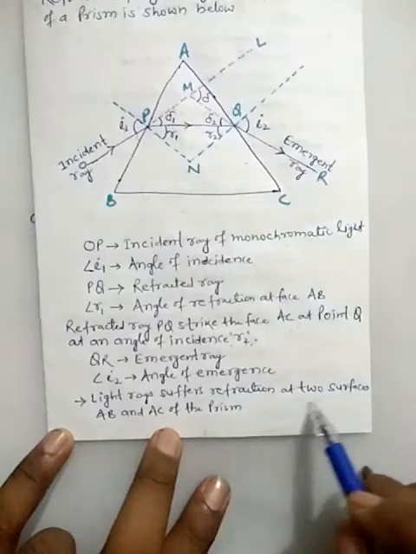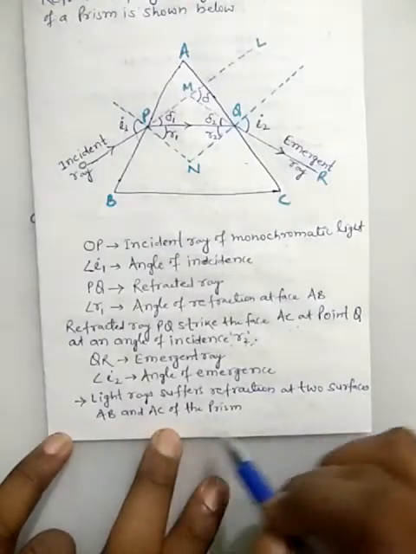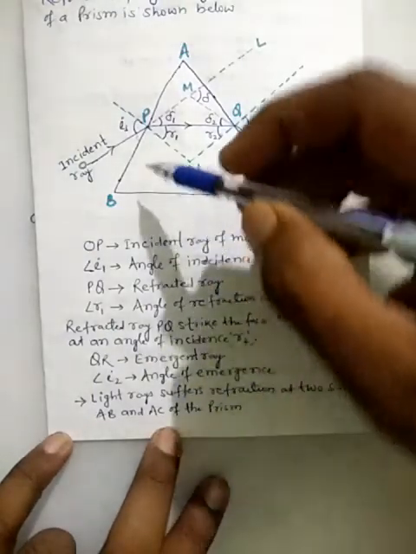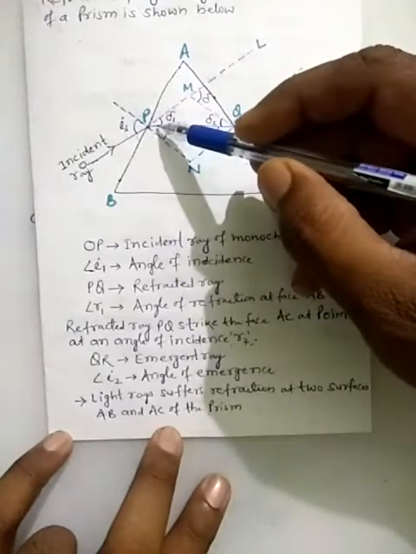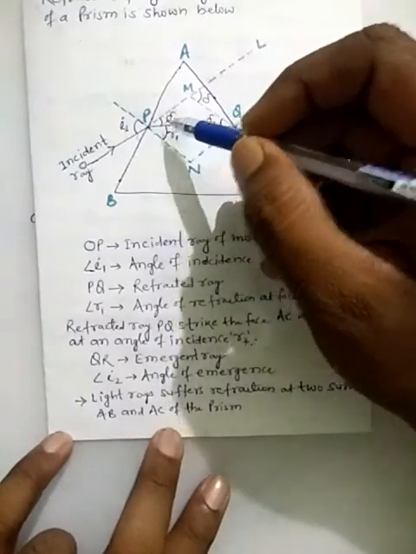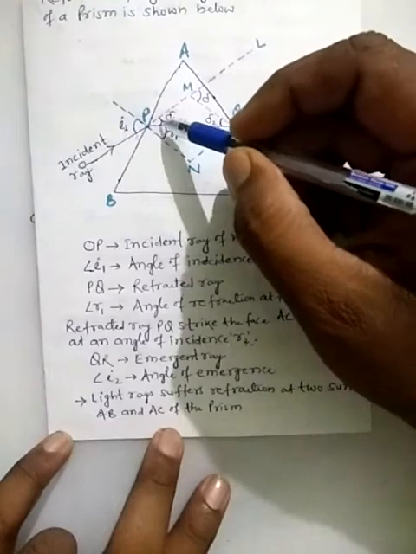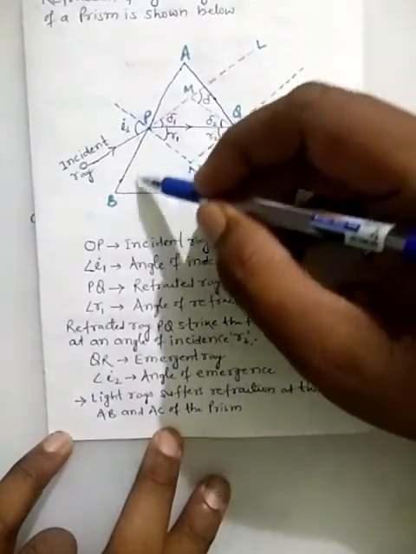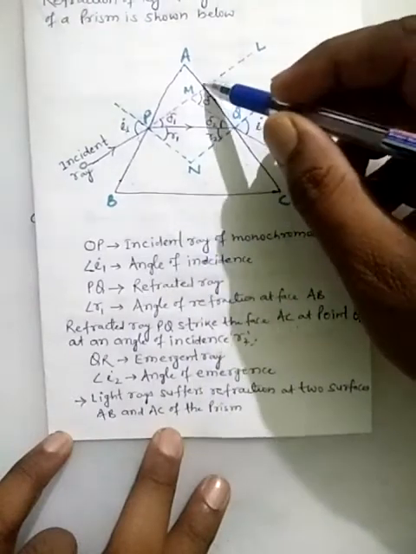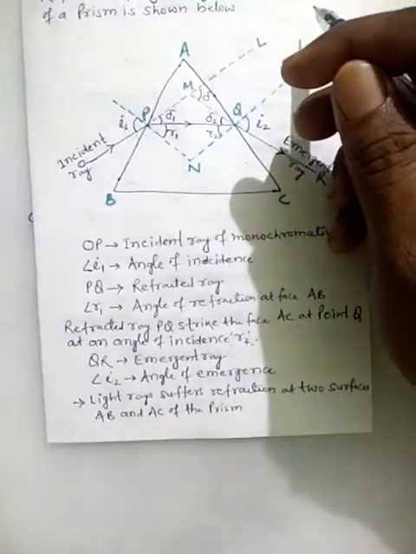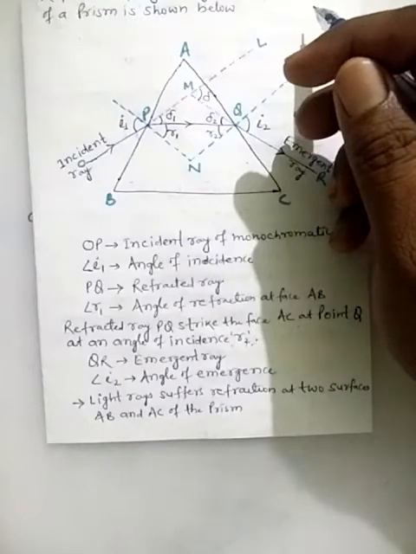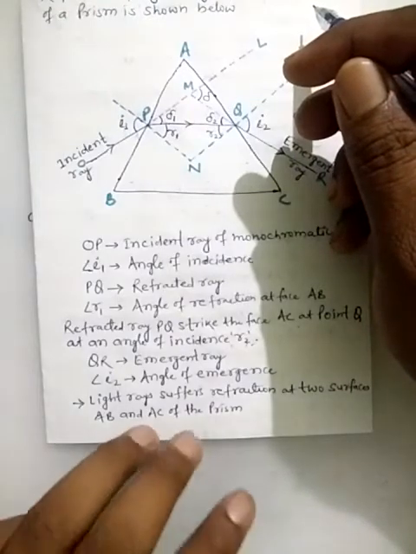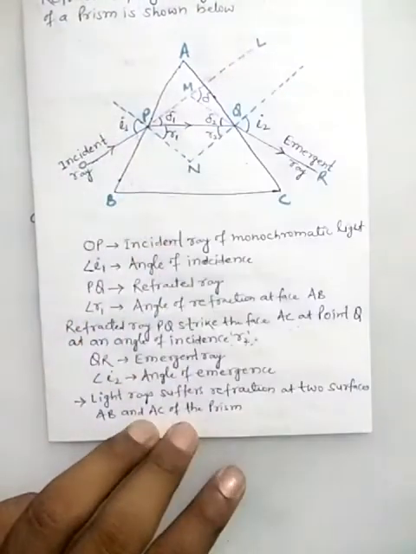Light rays suffer refraction at two surfaces, AB and AC, in the prism. Here light rays are refracted at two points, point P at surface AB and point Q at surface AC. So two-point refraction takes place in the prism.